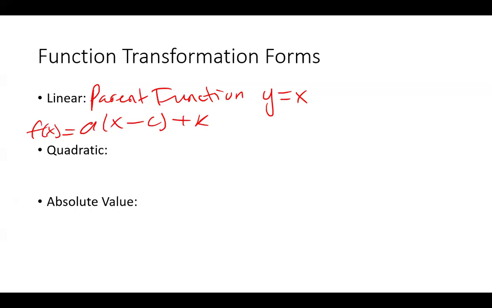It's point slope form. Quadratic: I'm just going to write PF for parent function, y equals x squared.